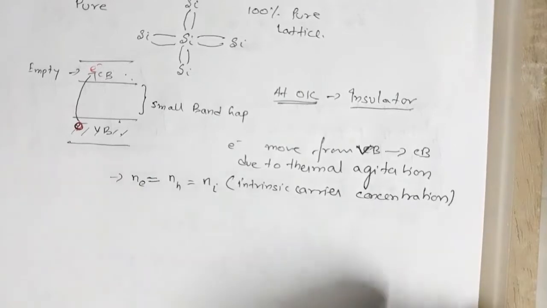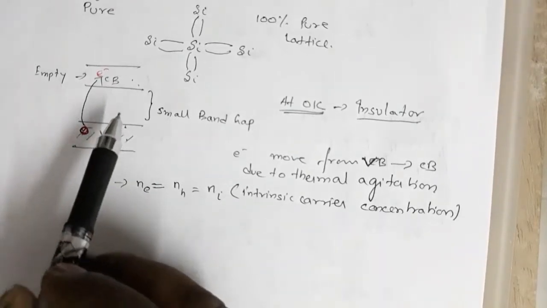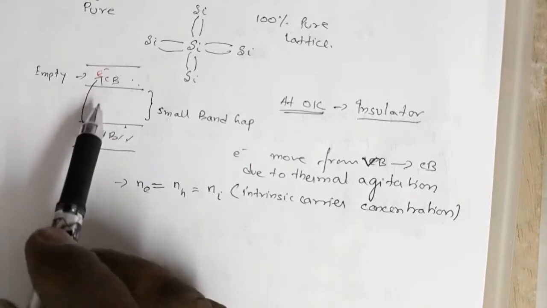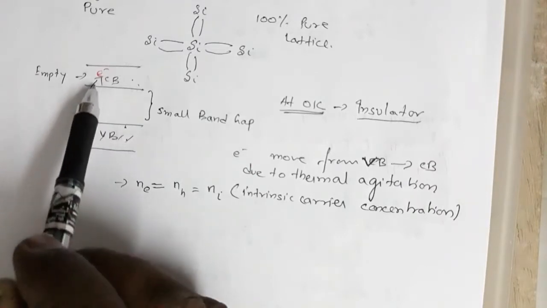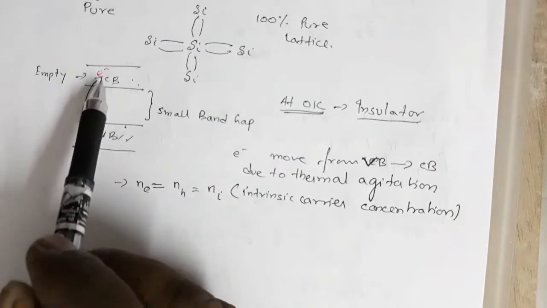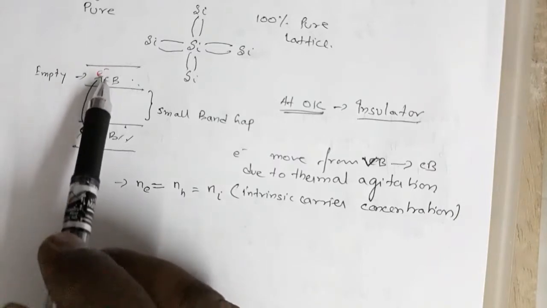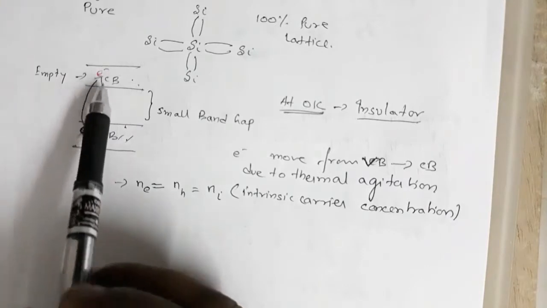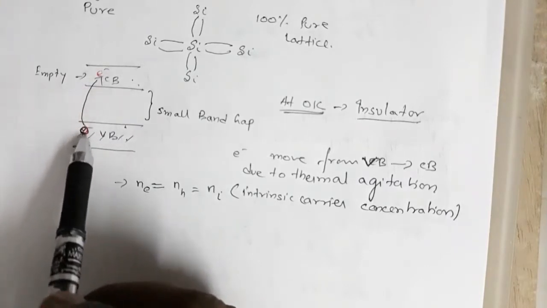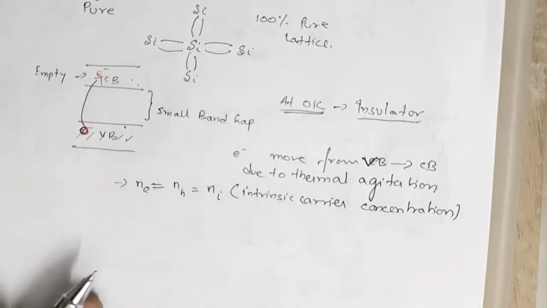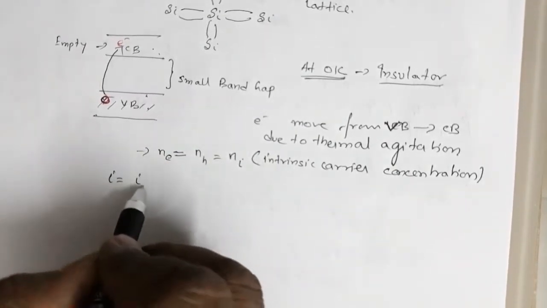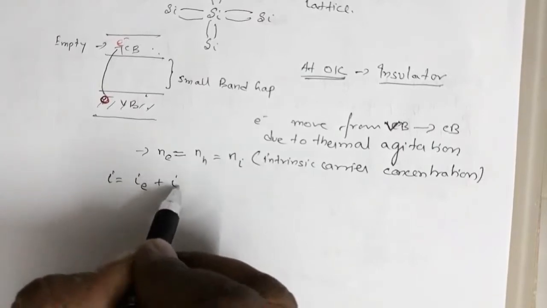One more thing. Since in intrinsic semiconductors the number of electrons is equal to the number of holes, the movement of electrons gives rise to current due to the flow of these electrons. There will also be an equivalent current due to the flow of these holes. So the total current in an intrinsic semiconductor is due to the flow of electrons plus the flow of holes.